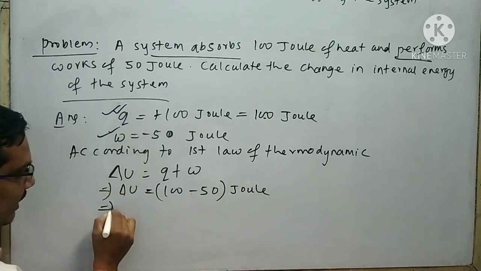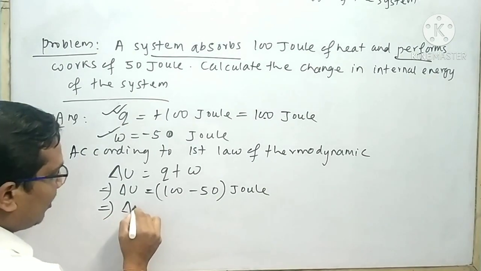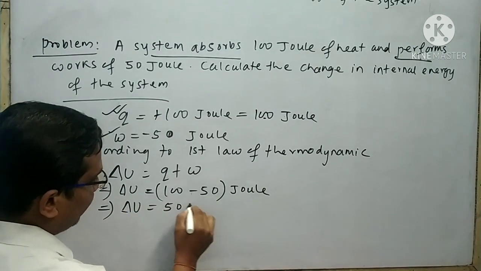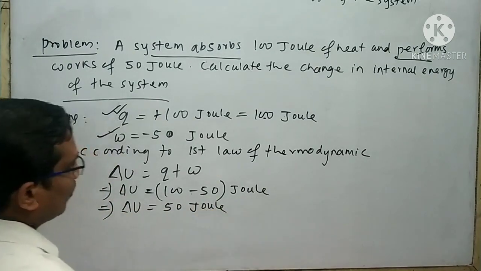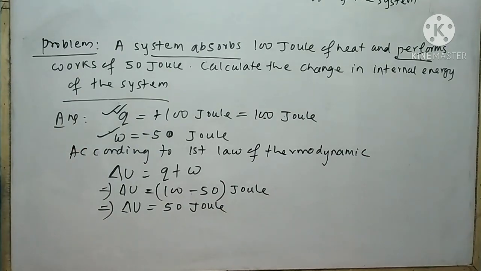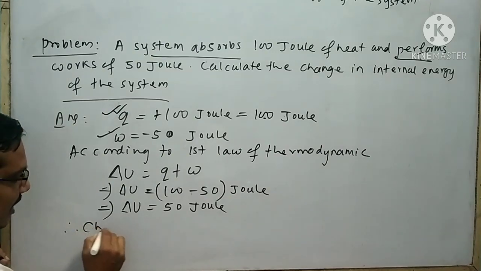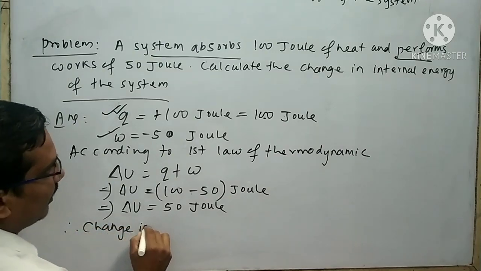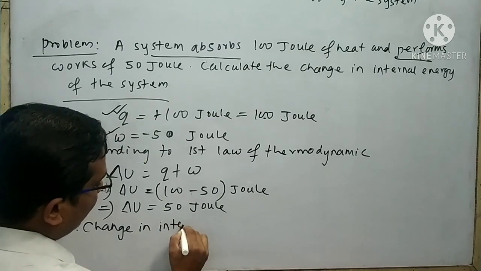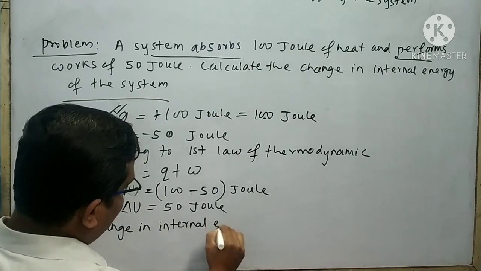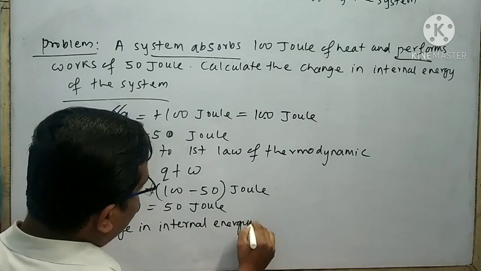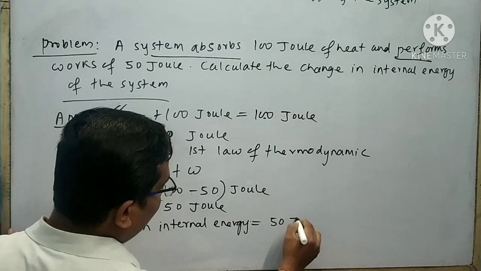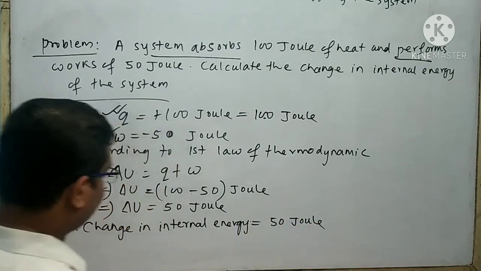That means here I can write del U equal to 50 joule. In our question, calculate the change in internal energy of the system. So here I can write change in internal energy equal to 50 joule.